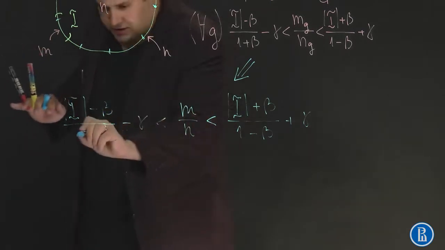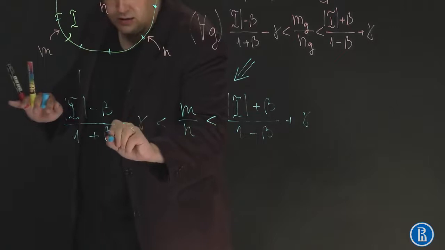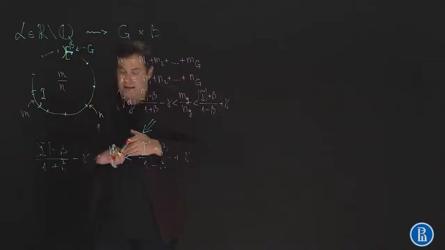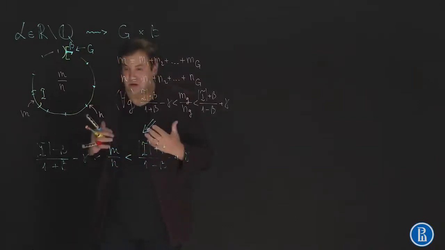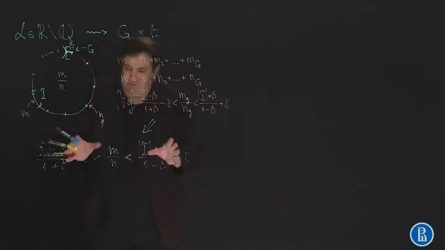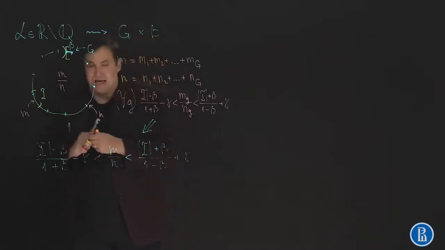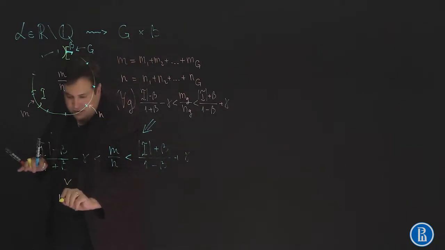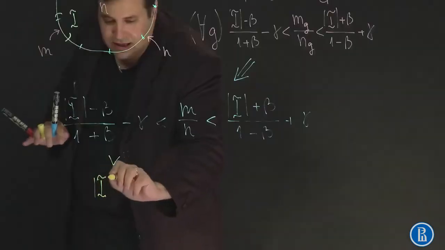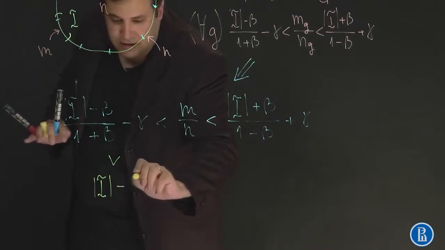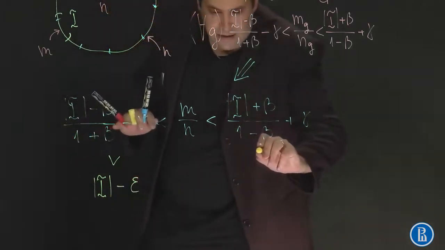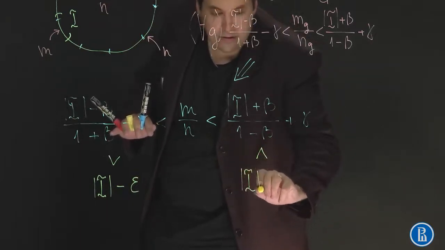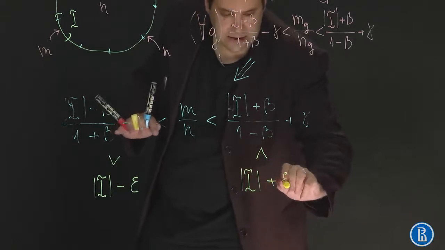Well, I need to write this because I cannot leave a formula unwritten. I cannot leave only part of the expression on the board. And the main question is whether these boundaries, these estimates, help us establish such bounds: length of I minus epsilon and length of I plus epsilon.